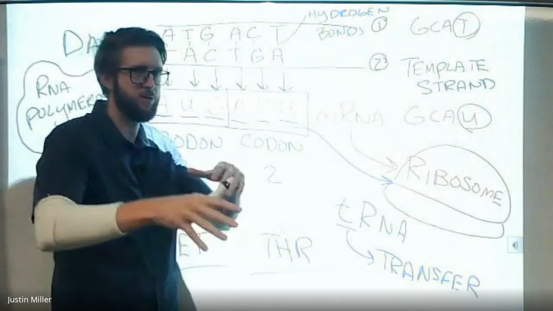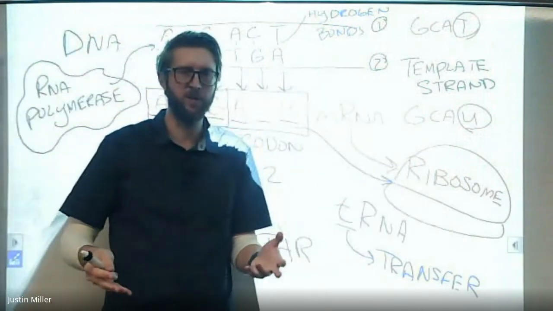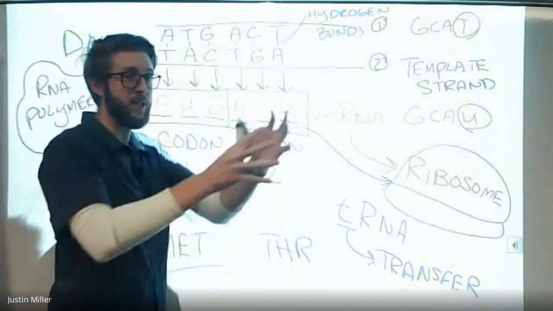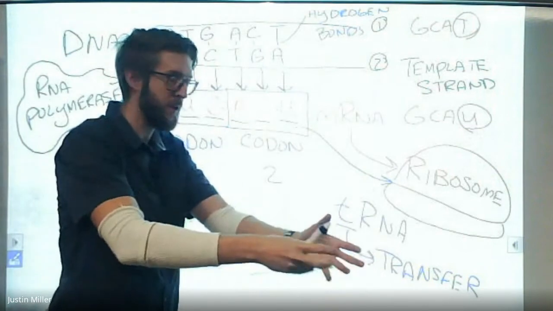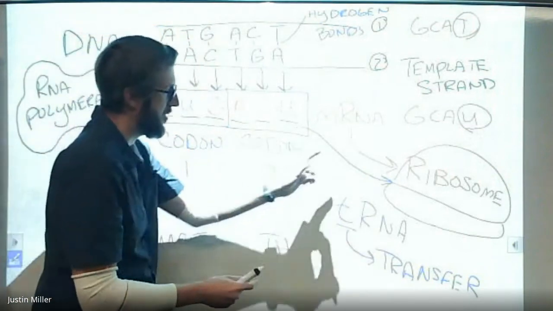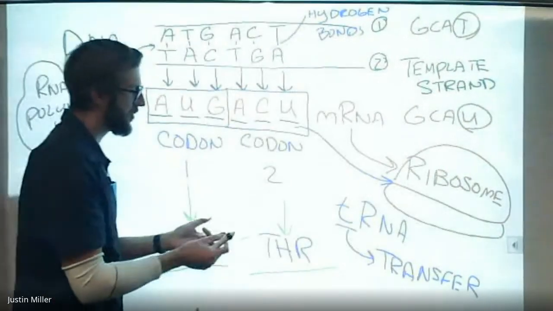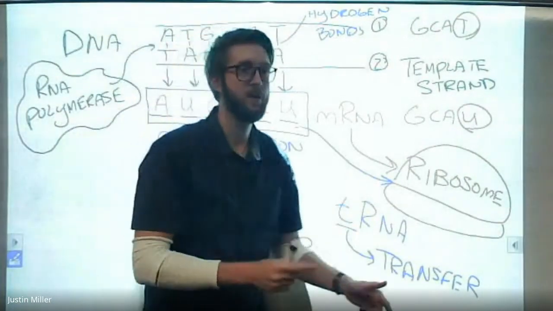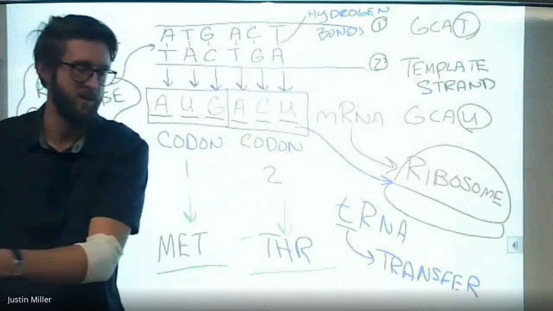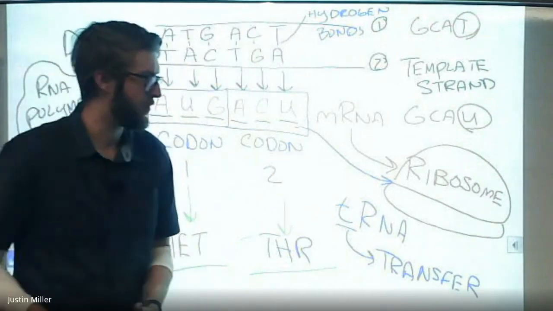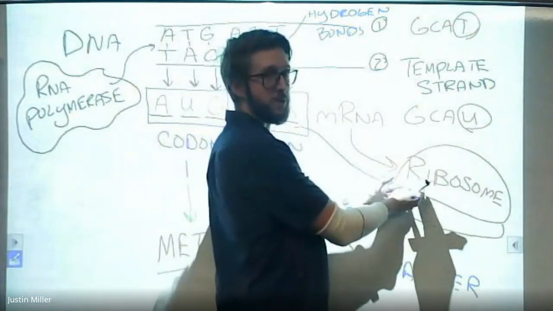These amino acids are just kind of floating out there in the cell, and tRNA goes and gets these amino acids. So it'll be like, okay, messenger RNA says we need a methionine. Transfer RNA goes and fetches the methionine amino acid and brings it back to the ribosome.